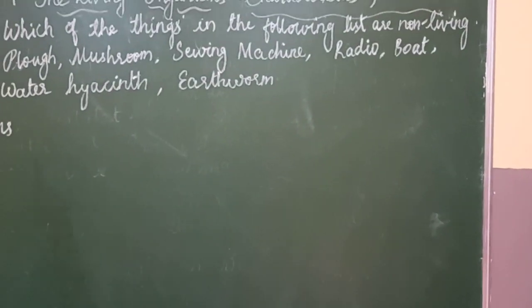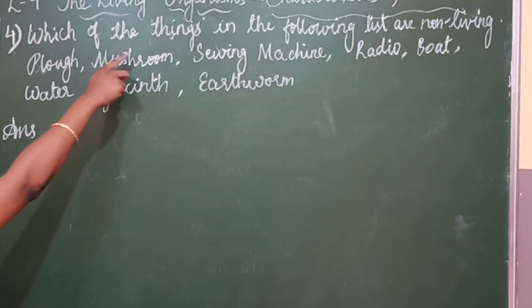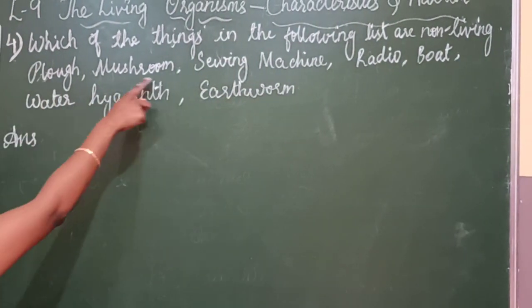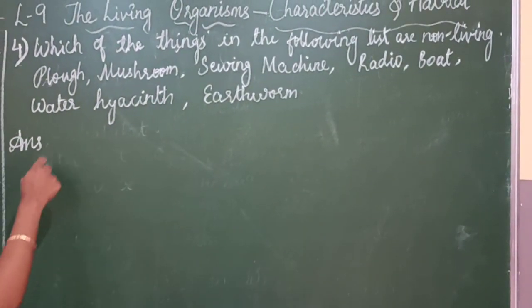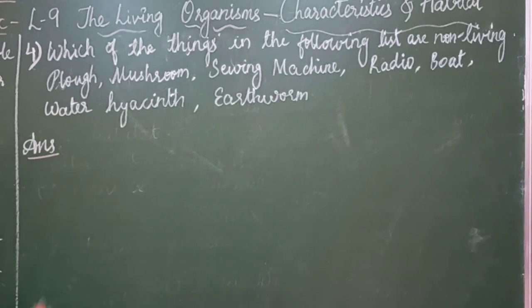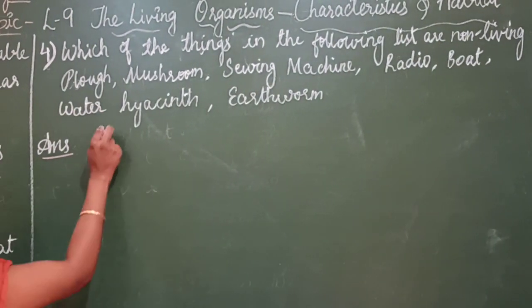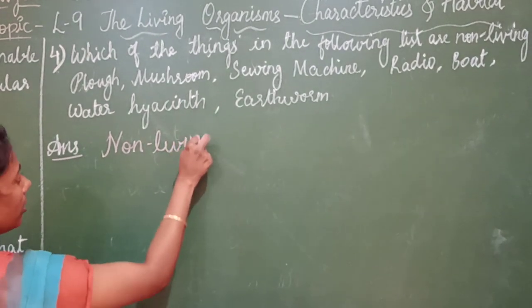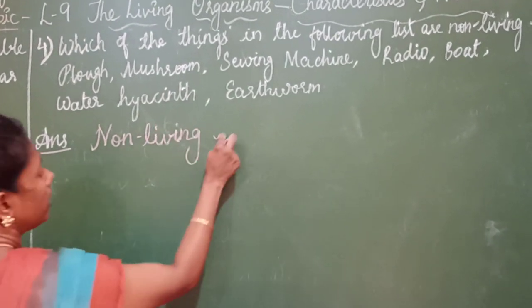Now write down the fourth question. Which of the things in the following list are non-living? Write down the answer, non-living things.